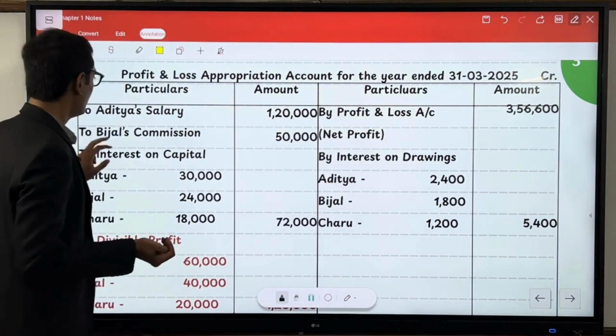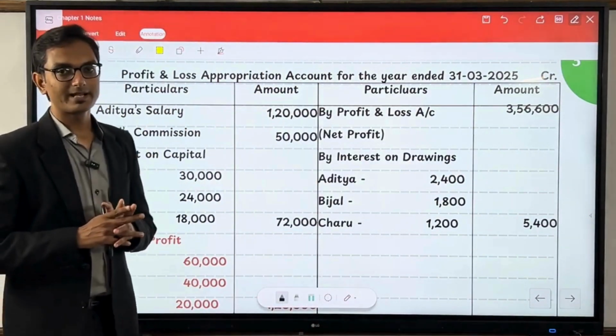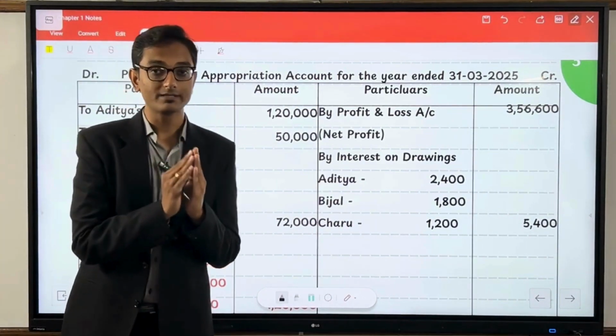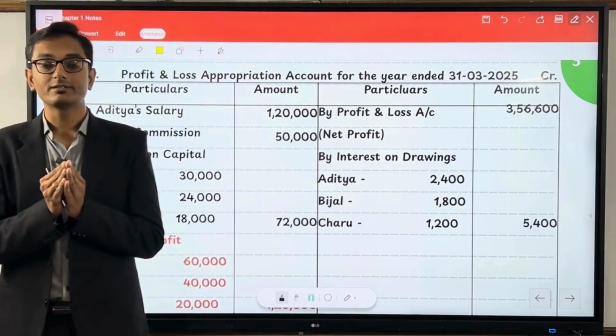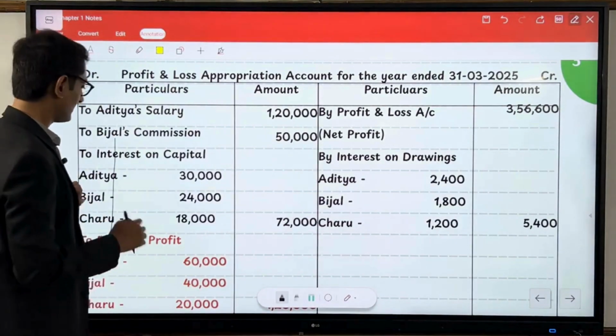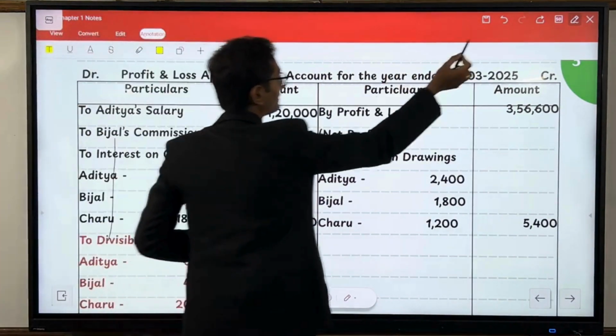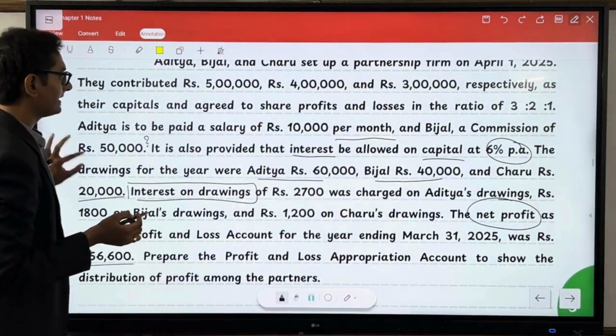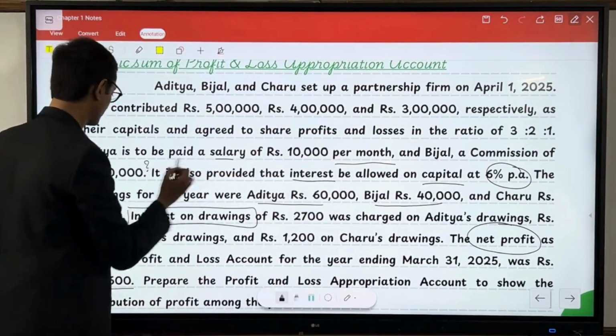Then what comes in the profit and loss appropriation account? All the expenses related to the partners and all the income received from the partners. In this question you will have the expenses, that is salary and commission.